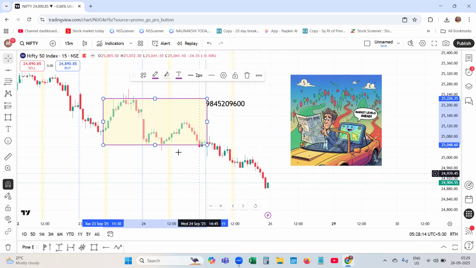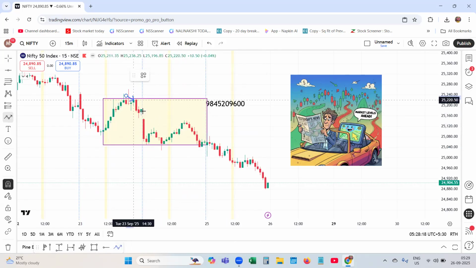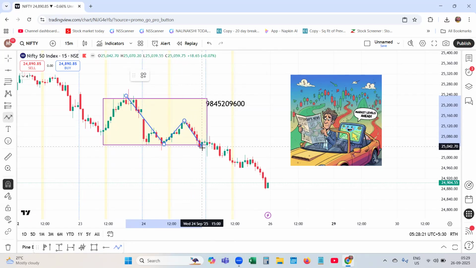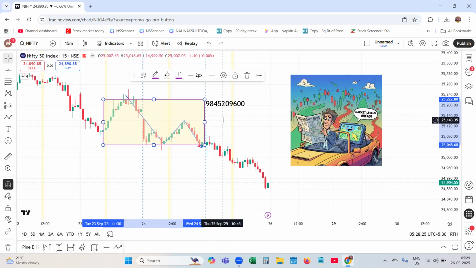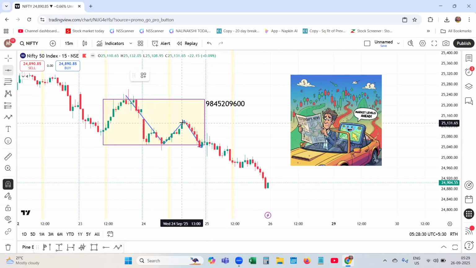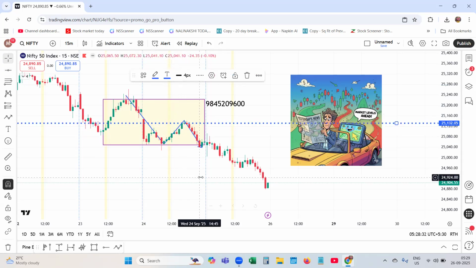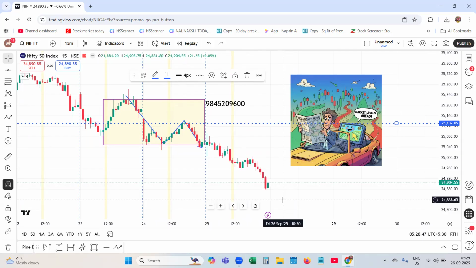What is it doing? It is climbing down, and the immediate peak is here. And the next day, the price is also climbing down. Through time also it is climbing down.